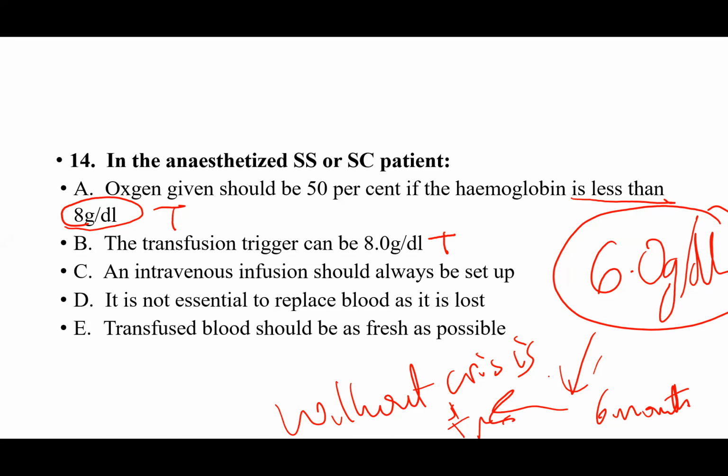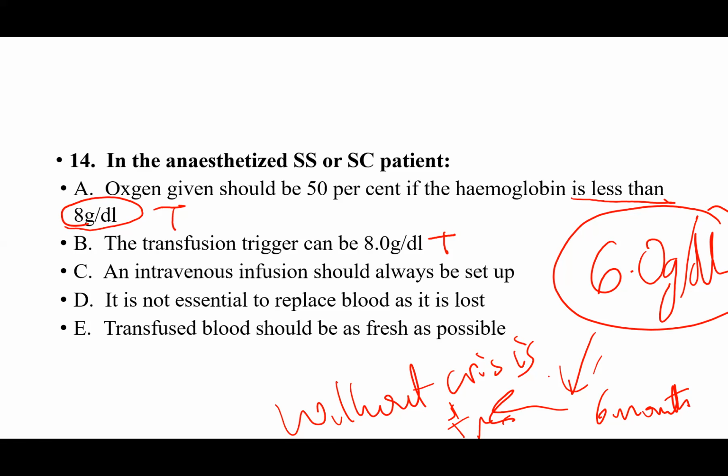So you should know that. Now, what of the second question, Dr. Hashim? I've not forgotten. What is a transfusion trigger? The level of hemoglobin below the steady state that will necessitate transfusion. Yes, the minimum HB below which transfusion is required.